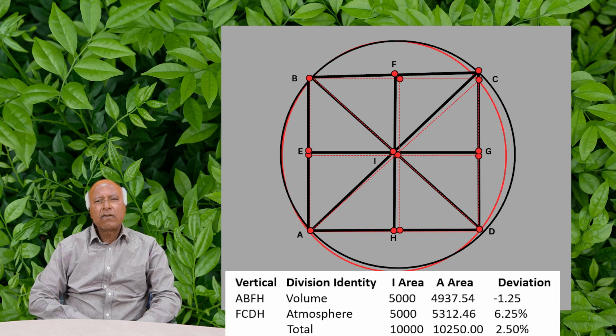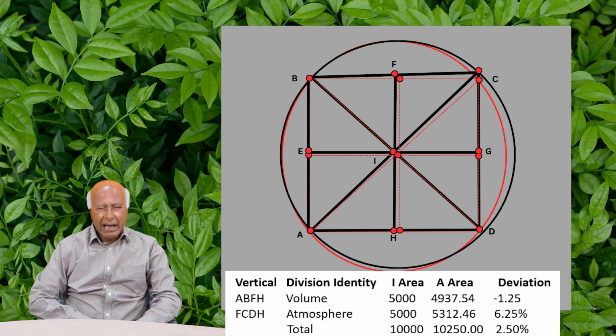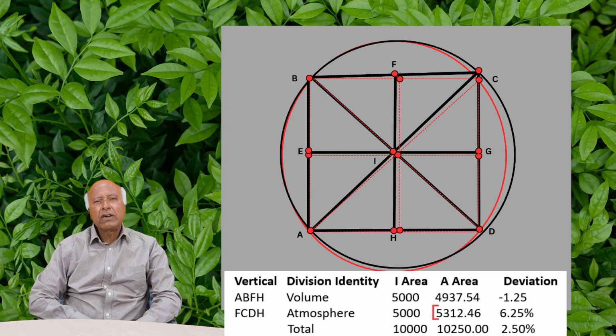You can express that either as a percentage or as a simple arithmetical expression, that is minus 1.25. And since we increased the expenditure, logically the size of the supply atmosphere has to grow. So this vertical division of supply atmosphere will now represent the increased value of 5312.46.